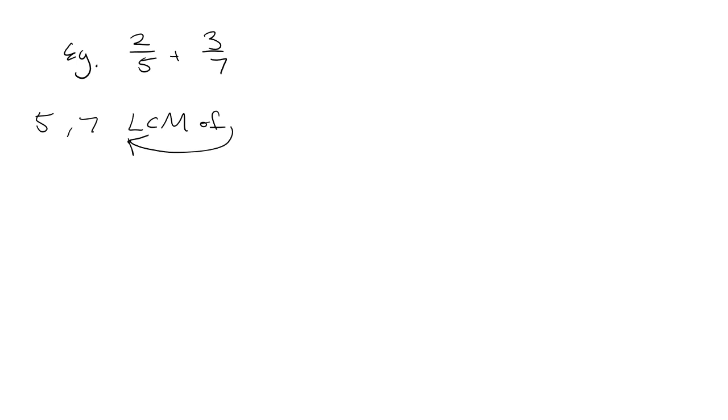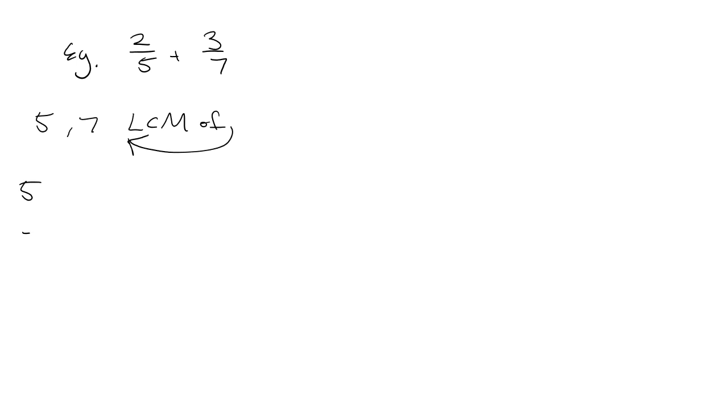Let's try another example. Let's say we have 2 over 5 plus 3 over 7. The lowest common multiple of 5 and 7. That's what we have to find. LCM of 5 and 7.